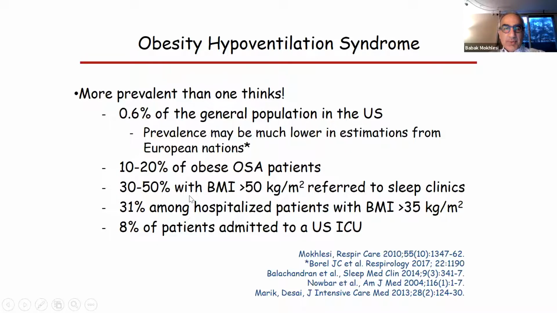If you look at people with very severe obesity, BMI above 50, referred to sleep programs, some studies have reported even higher prevalence. And I'll talk about this study by Paul Merrick when he was in West Virginia, where 8% of patients admitted to their ICUs essentially met criteria for OHS.